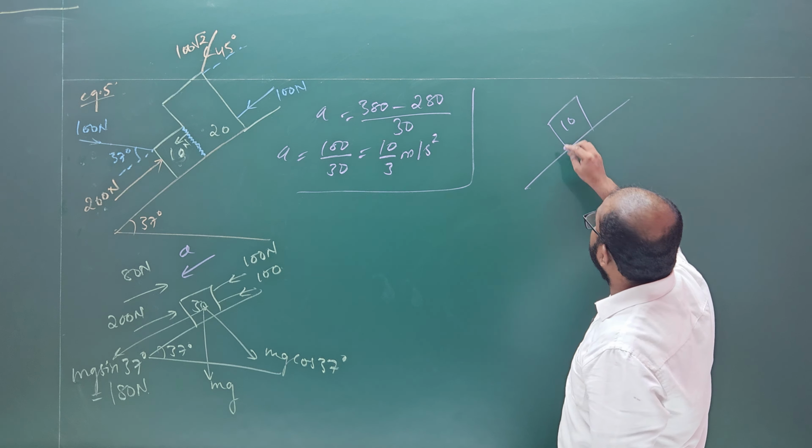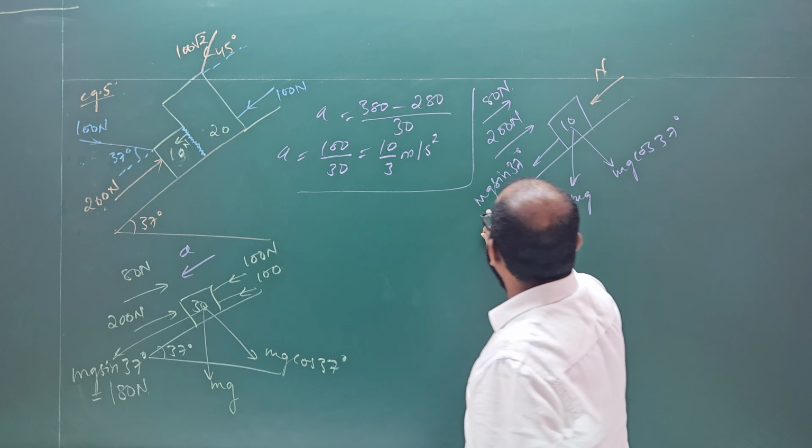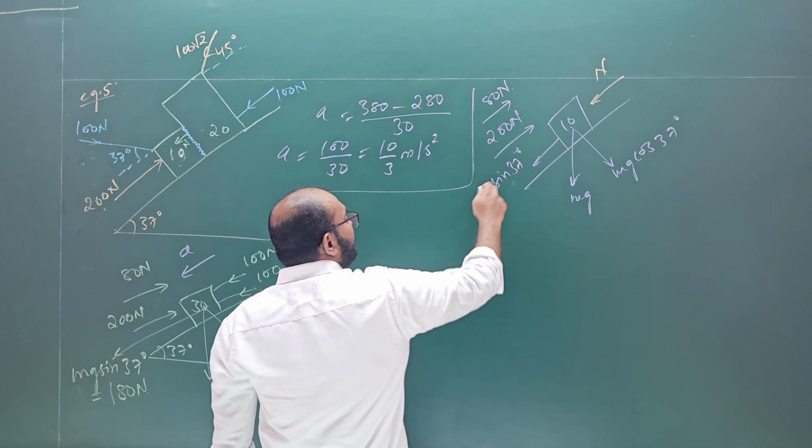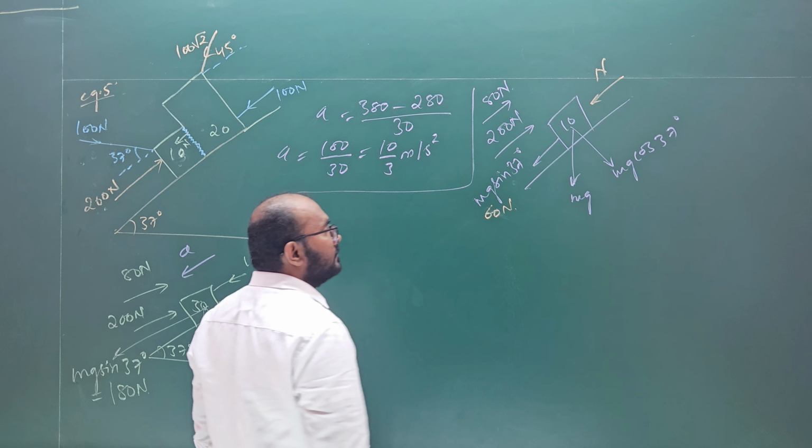Any other force on body A? No. Normal is acting in this direction only. So this is the normal, or the force on A due to body B, also in the same direction. Now this mg component is 10 into 10 into 3 by 5. That means can I say this is 60 Newton?